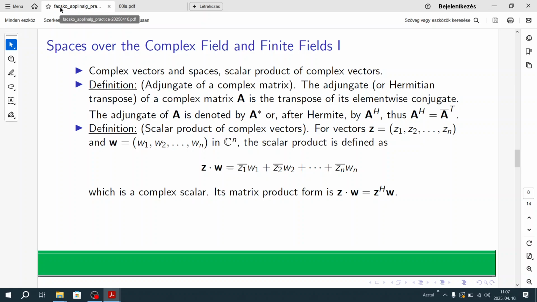The conjugate of c is a minus bi. These are the same number, just the sign of the imaginary part changes. This is the conjugate.